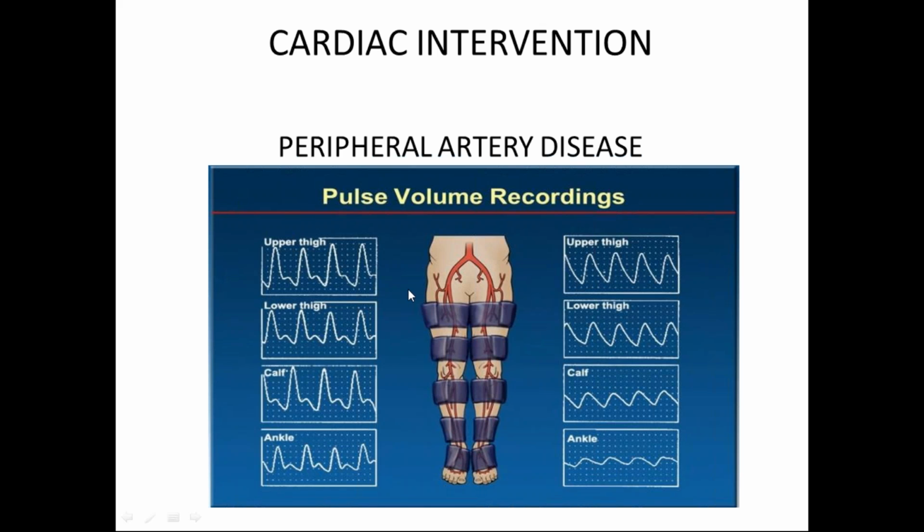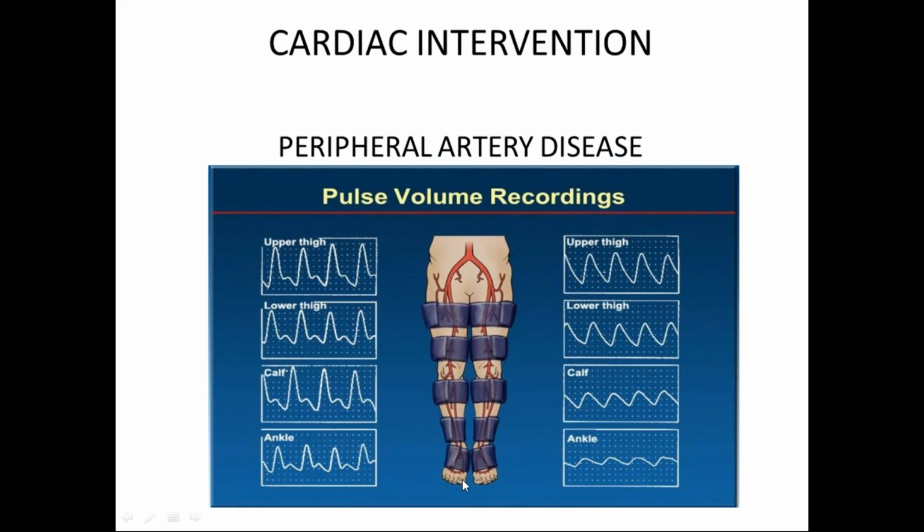So what you will do is the brachial pressure. You do your lower extremity pressure: the upper thigh, mid thigh, leg, calf, and then you can go down to your dorsalis pedis.